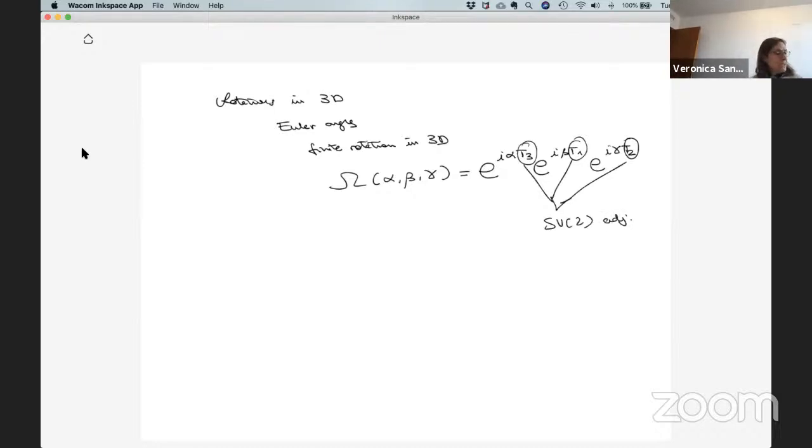So there is a relation between the usual rotations in 3 dimensions and SU2. And that's indeed the case. Rotations in 3 dimensions are a set of transformations called special orthogonal transformations of 3-dimensional objects. So you take a point in 3 dimensions and you multiply by a matrix that is orthogonal, so that's orthogonal, and with determinant equals 1.